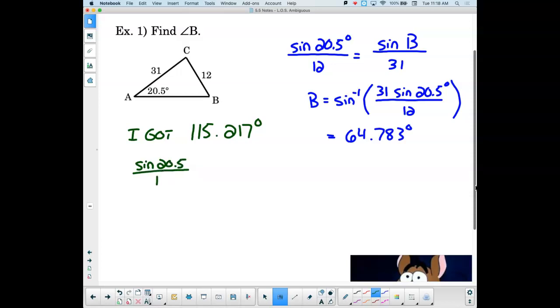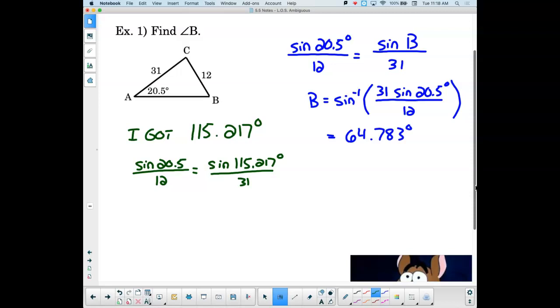Check it. See if mine works. I really want to know, because I got 64.783. I know, but I got 115.217. Well, if you subtract it from 180. So check my work.